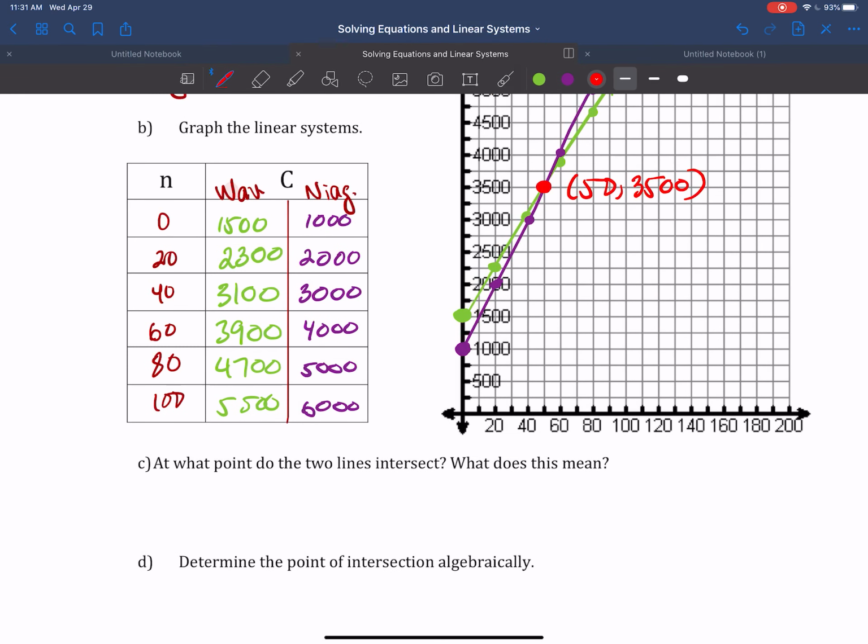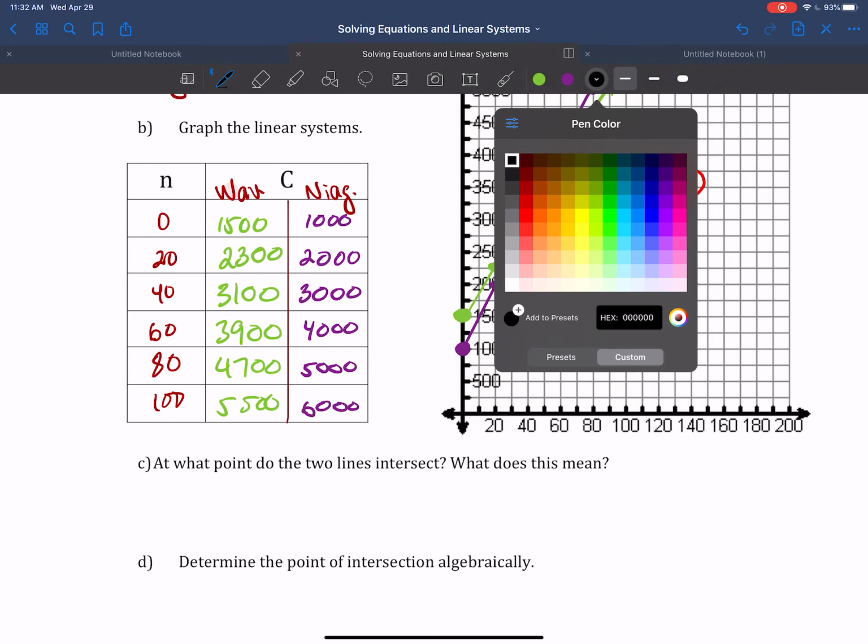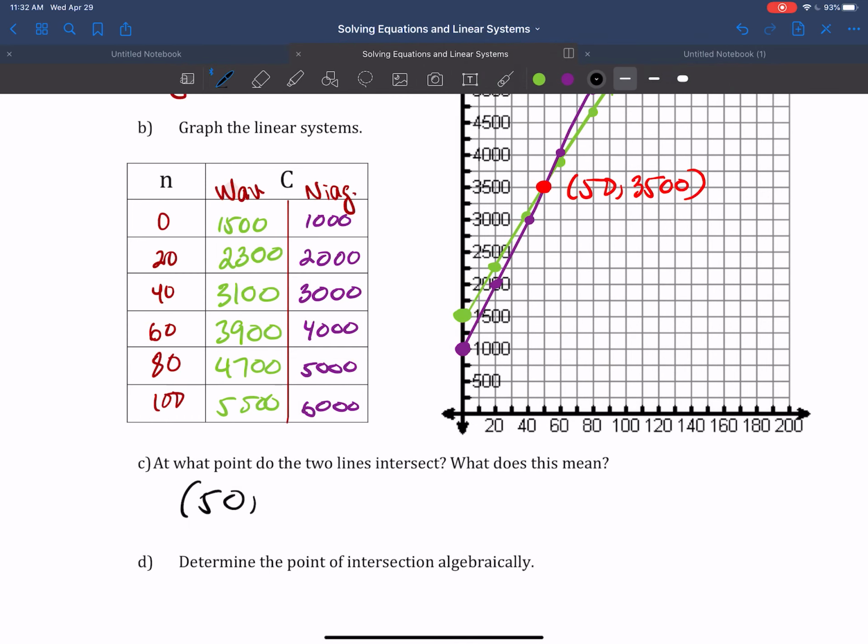So what does it mean? Our point of intersection is (50, 3,500), and you write it like that, an ordered pair in brackets with a comma in between. And what does it mean?